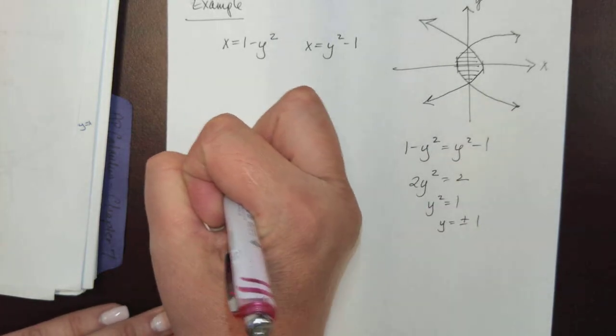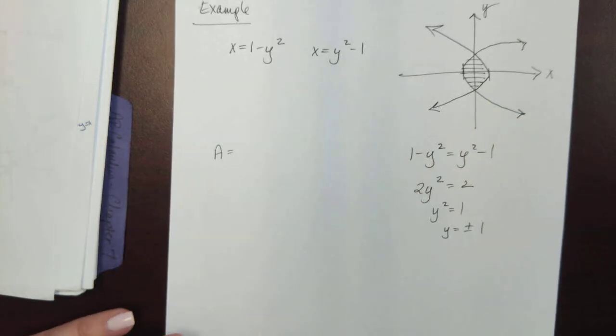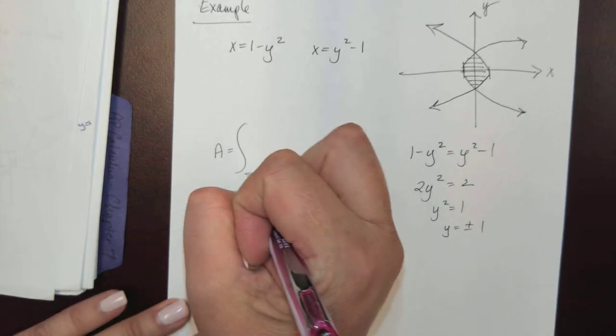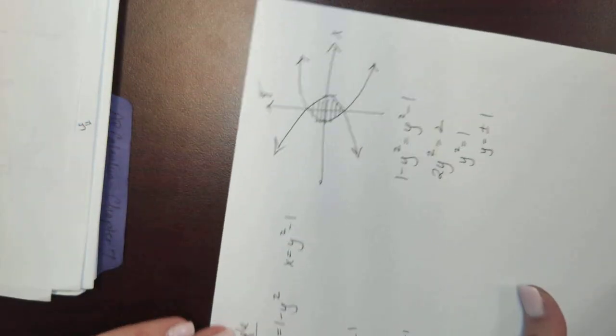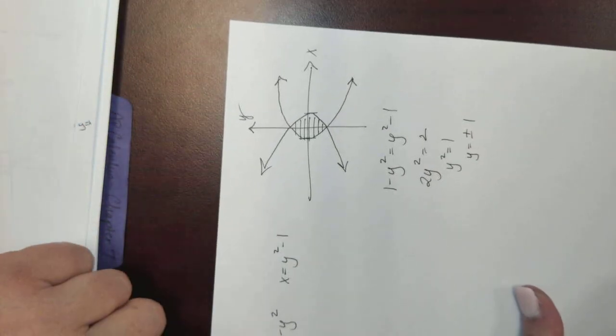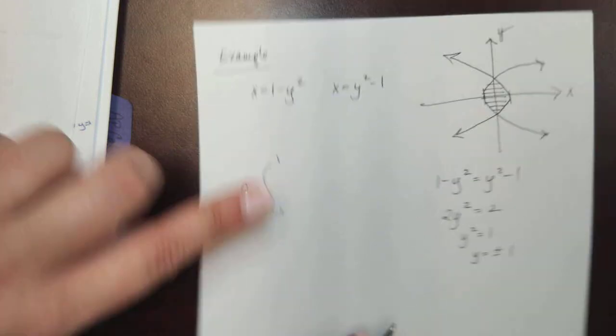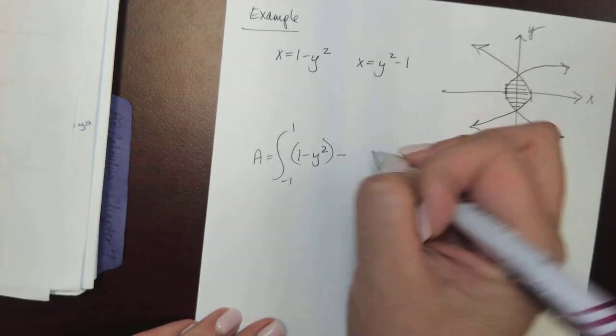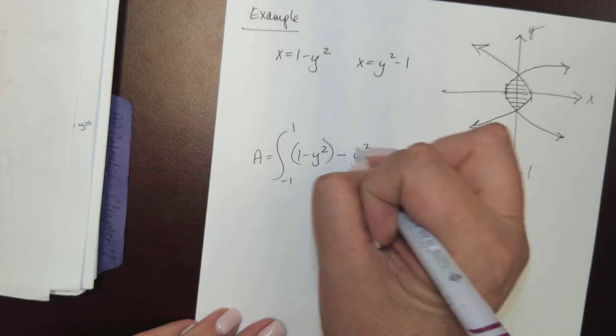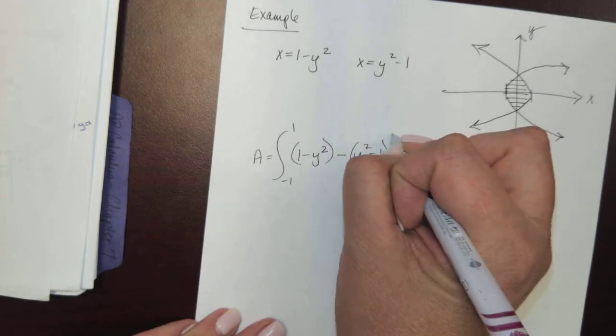So my area is going to be the integral from negative 1 to 1. Now, which one is on top? Turn my page. The one that's upside down with a negative y squared. So I have 1 minus y squared minus (y squared minus 1) dy.